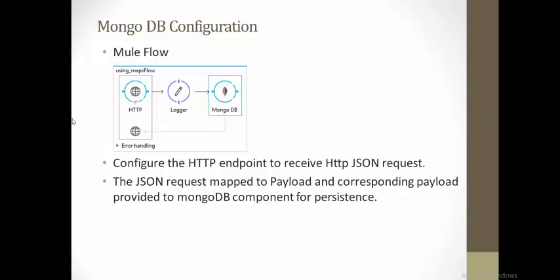I am doing the HTTP request, sending the JSON document as a payload. So the payload moves to the Mule message, and I'm injecting it to the MongoDB component. MongoDB takes care of storing that to the collection.